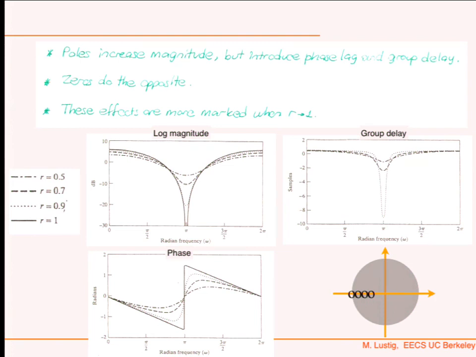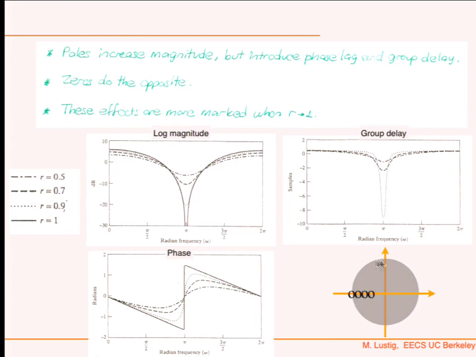Okay, so this is the case when we move the zero. This is a system with one zero, and the zero is at negative pi. But R will vary between 0.5, 0.7, 0.9, and 1. So the zero moves from here to here to here to here, on the unit circle.